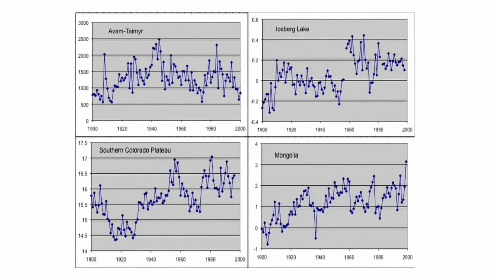You'll see that most of them show the warming between 1910 and 1940, but they don't show warming after 1975. Now, proxy data have to be handled with great care. It's really a subject for specialists. I would say most proxy data do not show the warming shown by the IPCC.